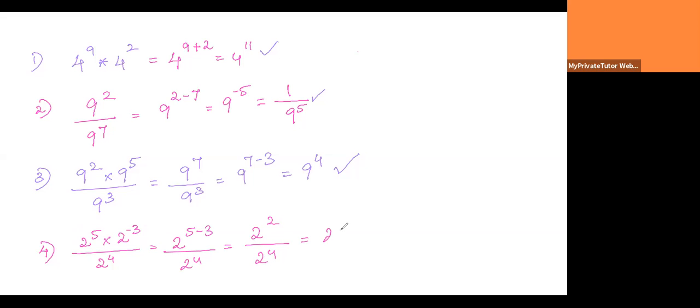If you are confident, you can directly write the answer as 1 divided by 2 square. Or else use the formula 2 power 2 minus 4. Why minus 4? Since we are dividing, we subtract the exponents. So we'll get 2 power minus 2. Finally it simplifies to 1 divided by 2 square. I hope we used some rules here, at least 3. Let's try and use the remaining.